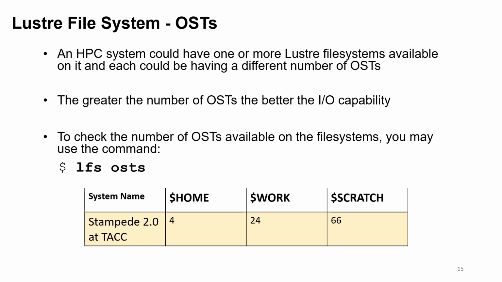This command was run on the Stampede 2 system at the Texas Advanced Computing Center. This system has 3 file systems attached to it. One of the file systems is named home, the other is named work, and the third one is named scratch. As we look at the output, it shows that there are 4 object storage targets associated with the home file system, 24 storage targets associated with the work file system, and 66 storage targets associated with the scratch file system.